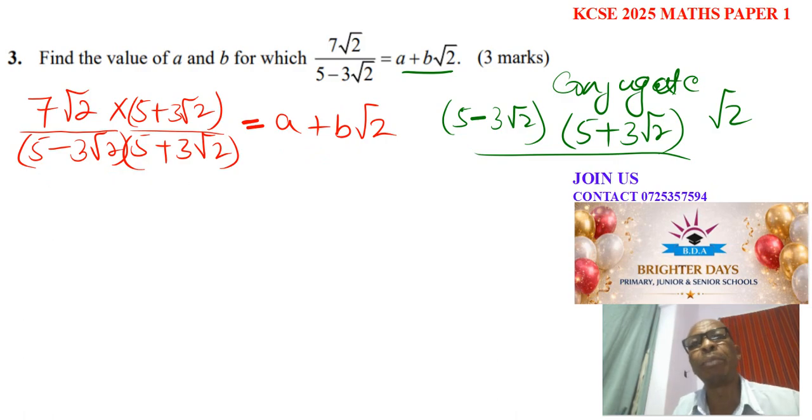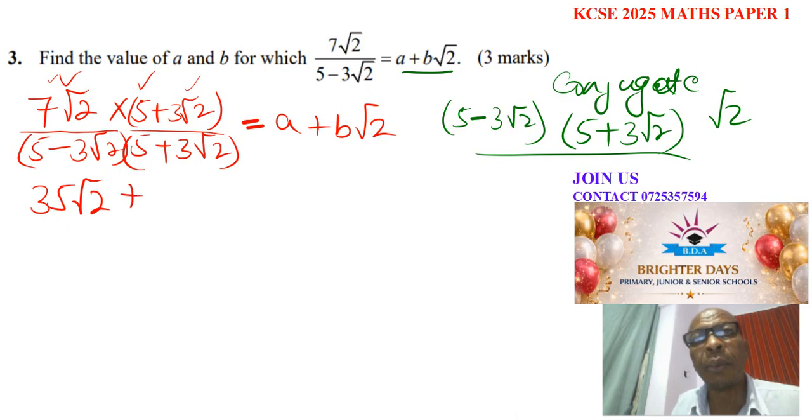So let's multiply. 7 root 2 multiplied by 5 gives us 35 root 2. Then we multiply 7 root 2 by 3 root 2: 3 times 7 is 21, and root 2 times root 2 gives 2, so 21 times 2 gives you 42. I hope you follow that.